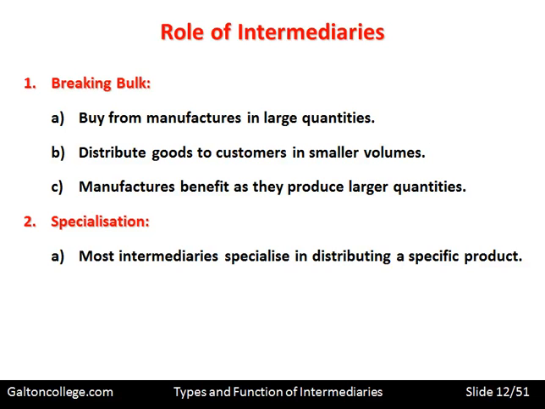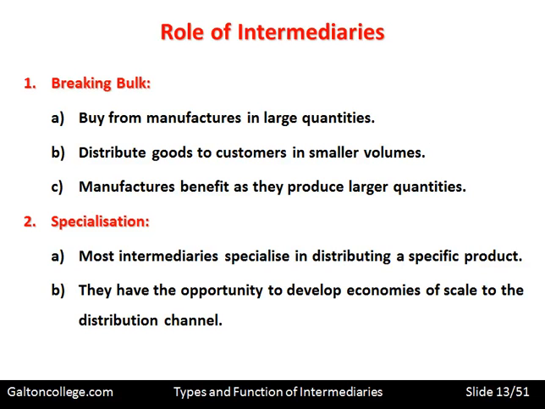Intermediaries tend to build up specialisms and expertise in particular areas, and they deal with specialist producers because in that way they get to know the market, they get to know who's in the market, to build up their contacts, to build up their experiences, and they know what the trends are within the market.